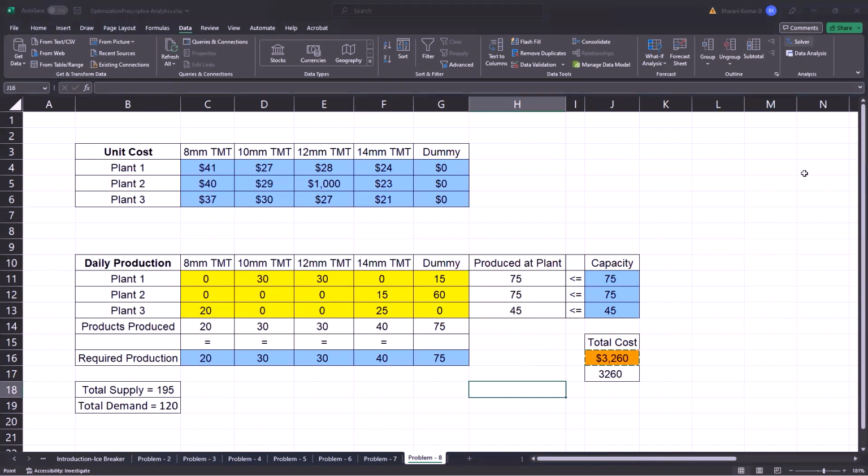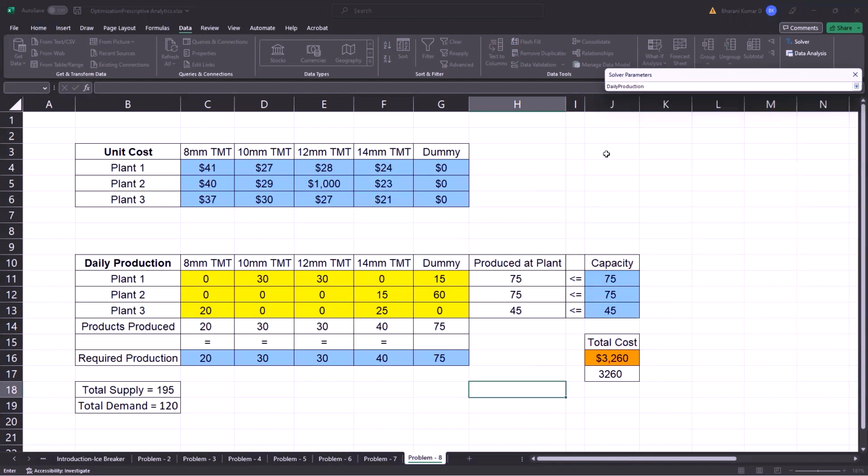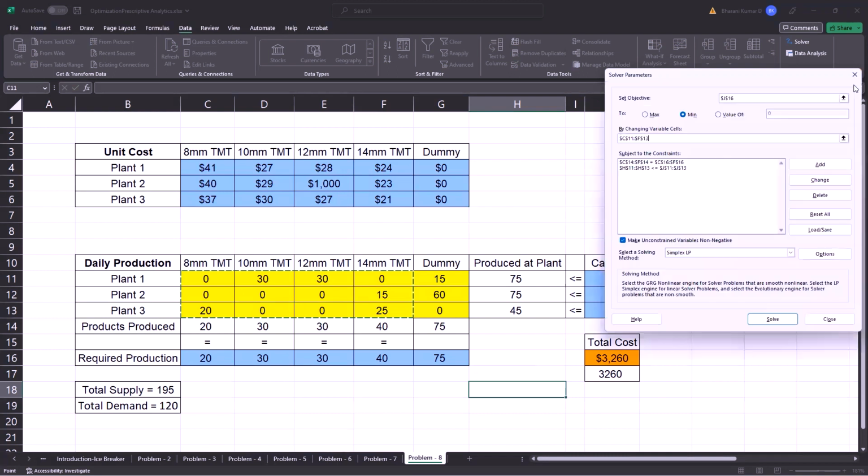Let me see whether the values are properly selected or not. Yes, objective function. Let me minimize that by changing the values here.